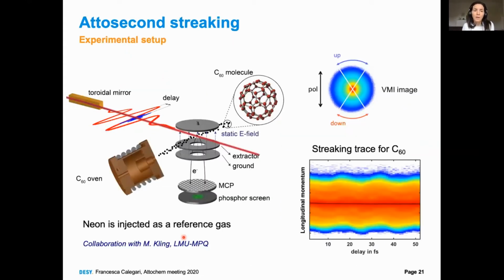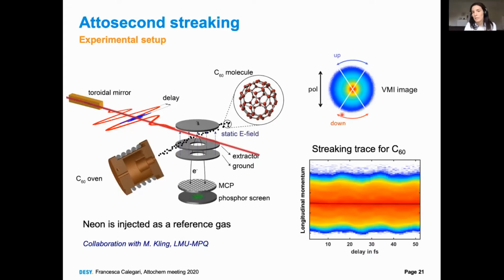The way we did this experiment, in collaboration with the group of Matthias Kling from LMU and MPQ in Munich, is actually to detect a photoelectron emitted by the XUV in the presence of the streaking field with a VMI spectrometer, so velocity map imaging detection.